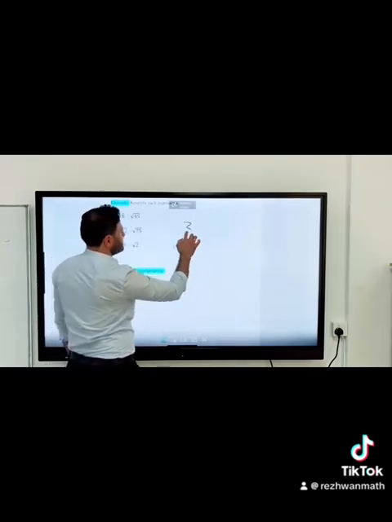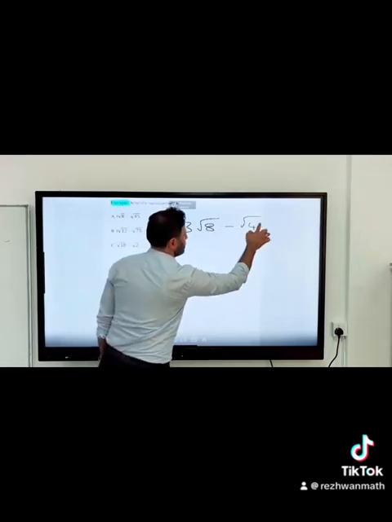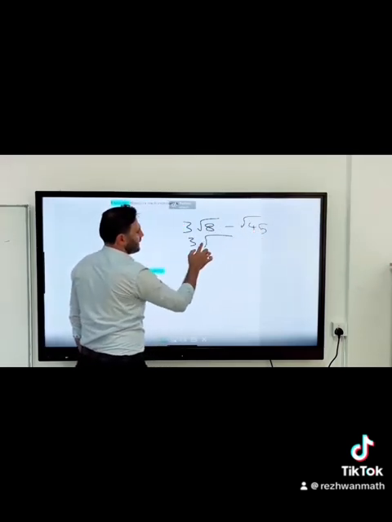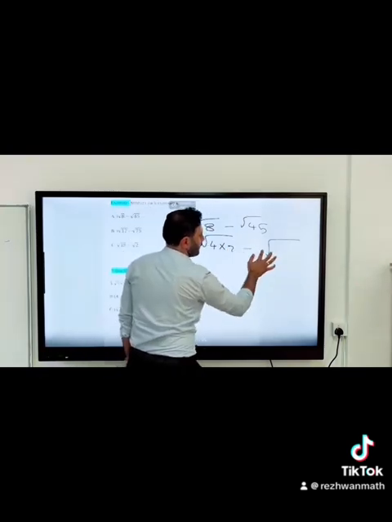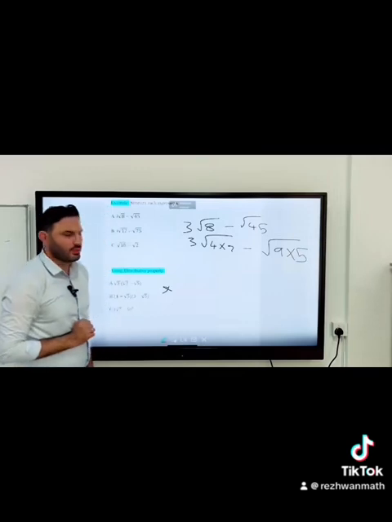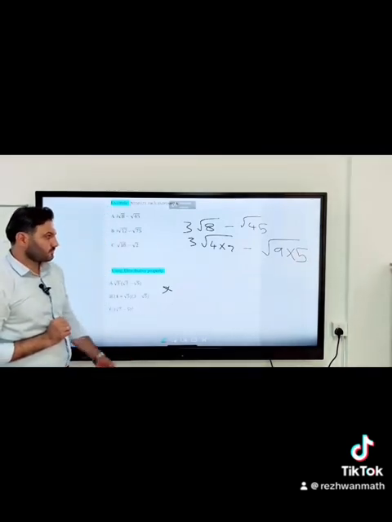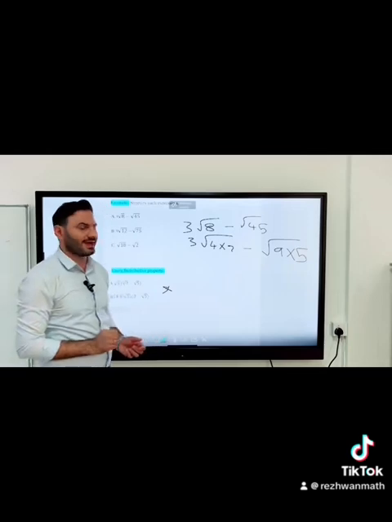Okay. 3 square root 8 minus square root 45. We said we can write square root of 4 times 2 minus square root of 9 times 5. Now we have to distribute the square root for both factors.